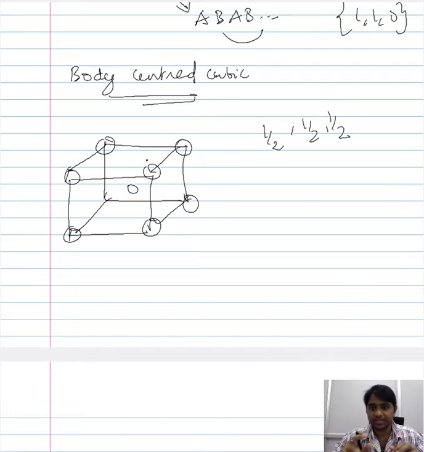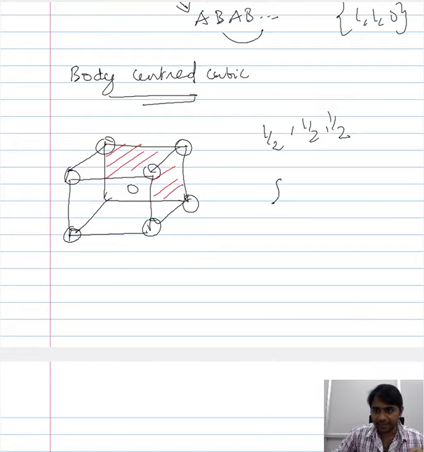So let us begin by considering the plane that we usually consider, the plane here. This plane is marked in red, and it comes under the family of planes 1 0 0. If you assume this is your z-axis, this is your x-axis, and this is your y-axis, the plane highlighted in red will come under the family of planes 1 0 0.